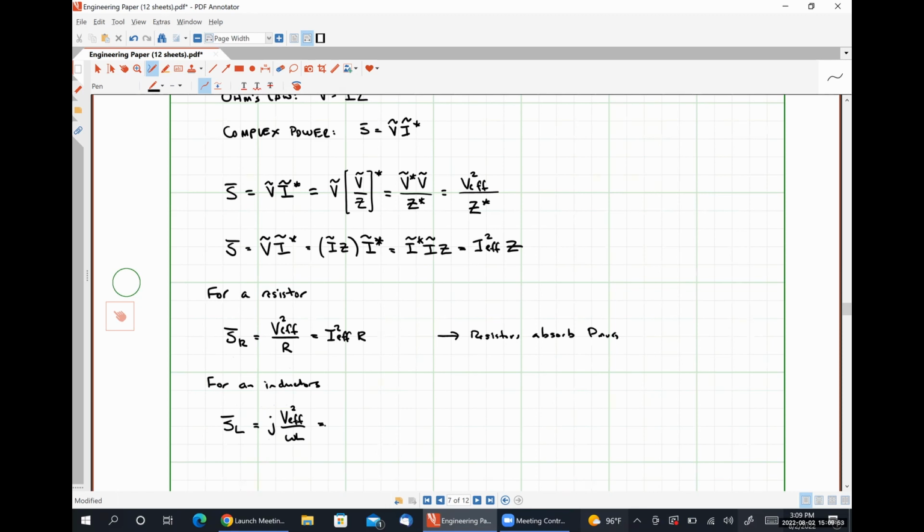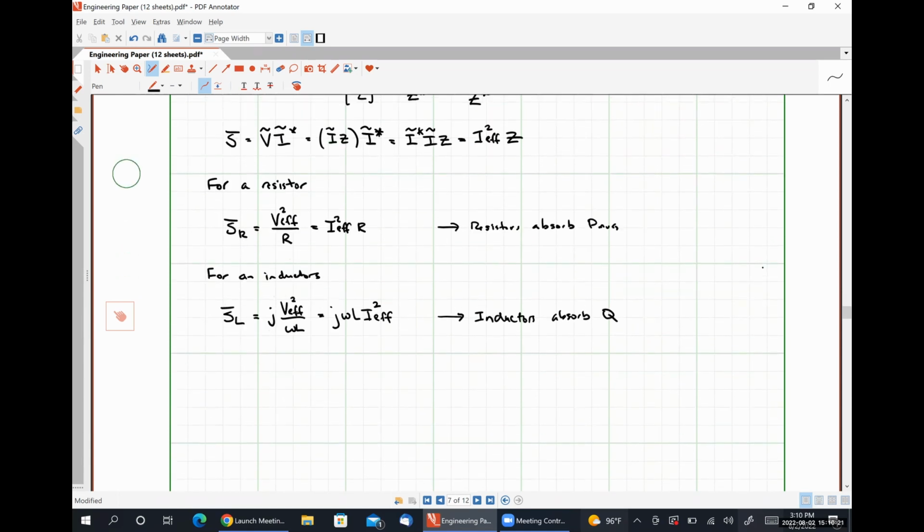Expressed in terms of current, this is going to look like j omega L times I effective squared. And so we can say that inductors absorb reactive power.